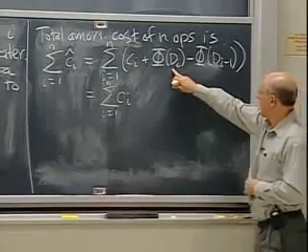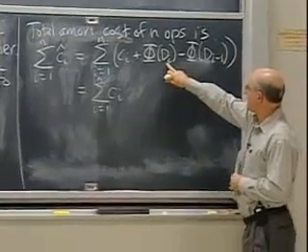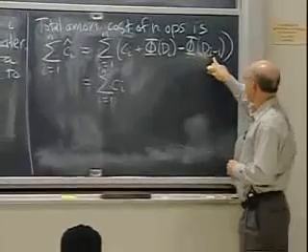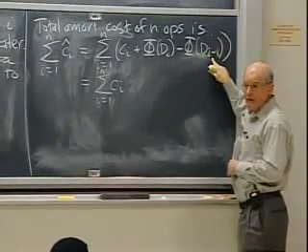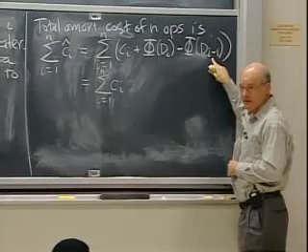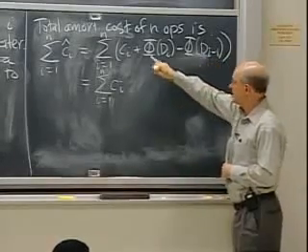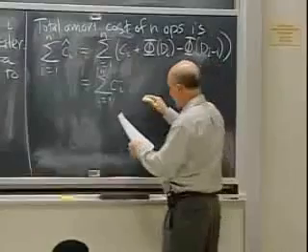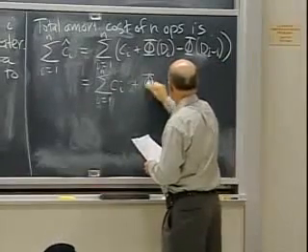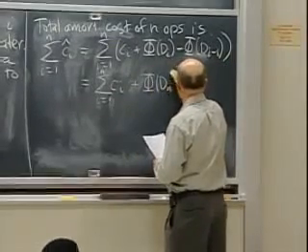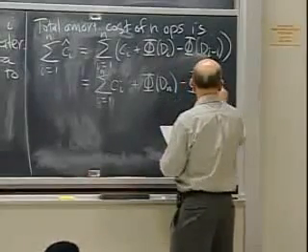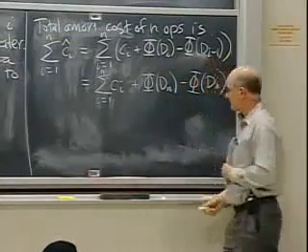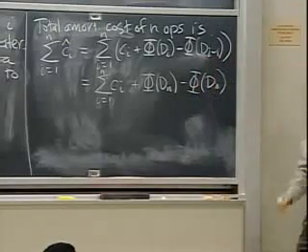Every term on the left is added in once when it's I and subtracted out when it's I minus 1, except for the first and last terms. The term for n is only added in, and the term for 0 is only subtracted out. Okay, so this is because it telescopes.